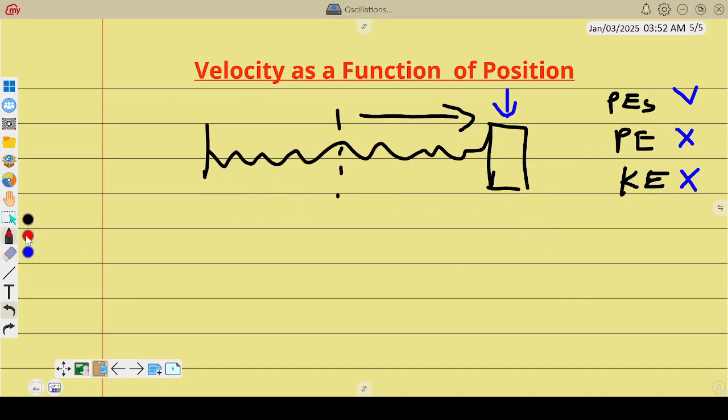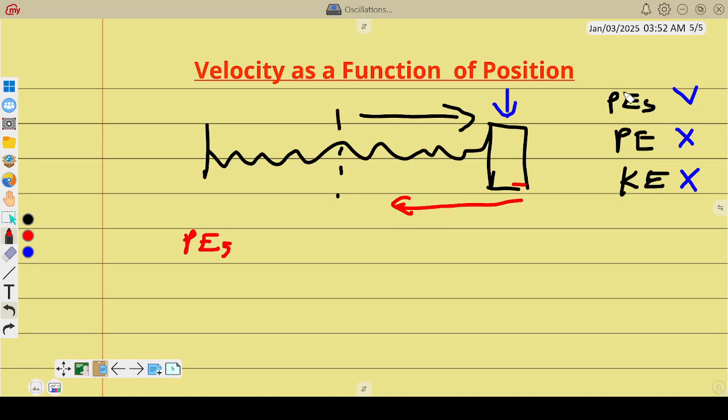So at this point, the only energy we have is potential energy due to the spring, or elastic potential energy. What if now it starts going back, like it comes to a certain point like here?